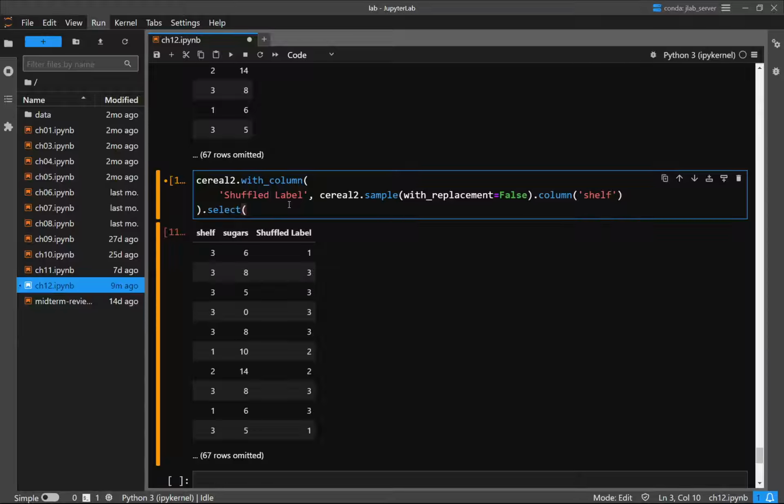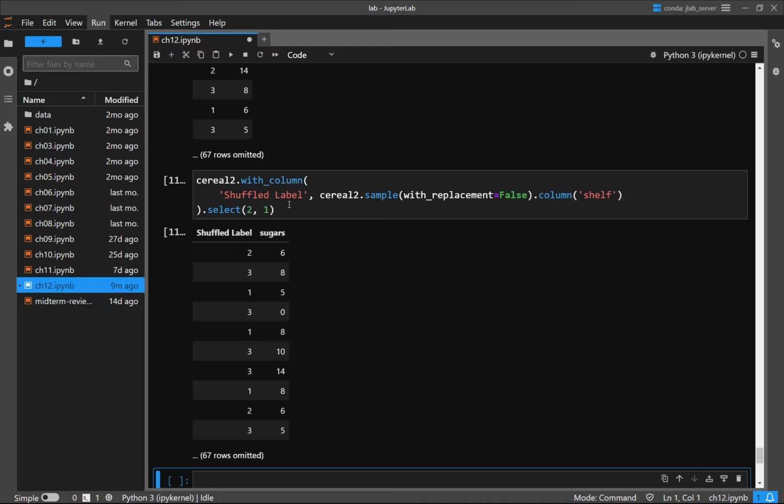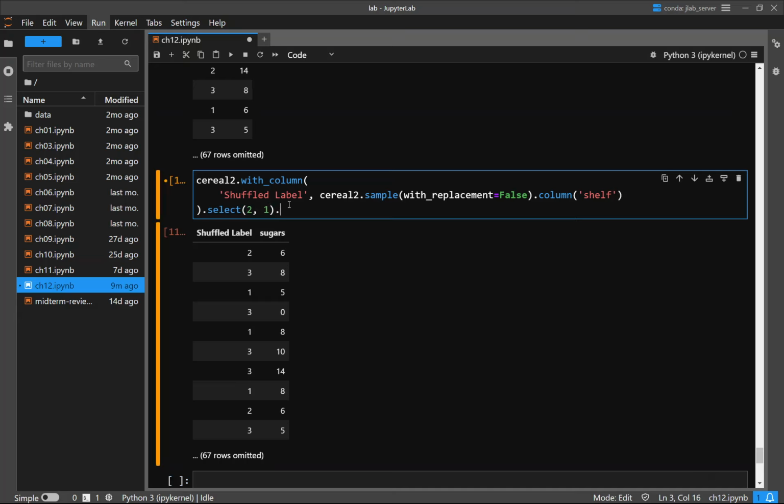We're using these shelves as categorical things, but they're also numbers, so if I don't do this, it'll look a little weird. Let's select out the shuffled label column and the sugars column. That's 2 and 1 in that order. It's now just shuffled label and sugars. And then if I do a group by the shuffled label column, which is just column 0, and then do average, then it should be happy.